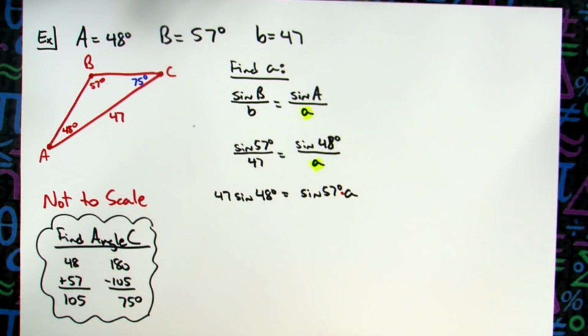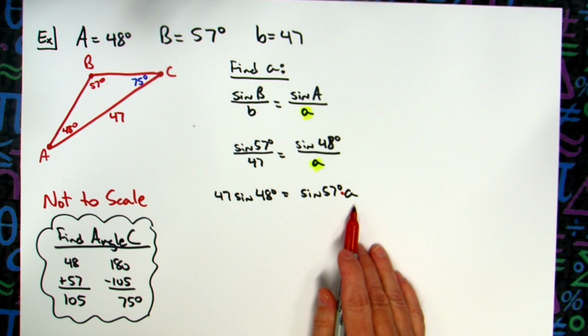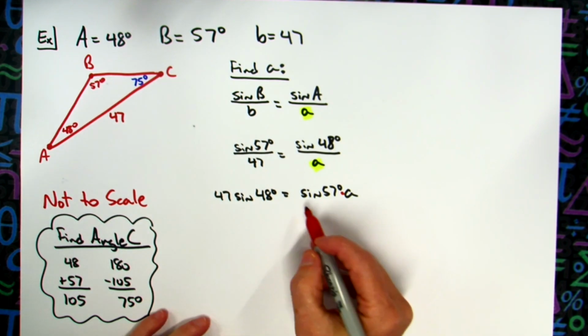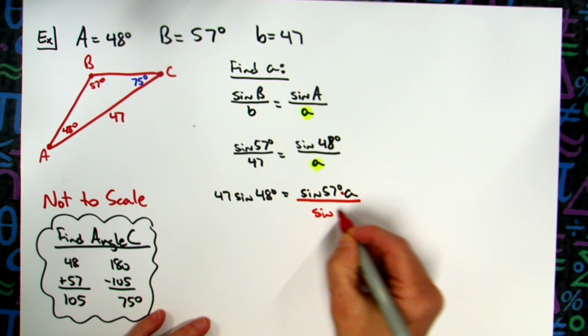And then you know how to solve for a, right? If it's sine of 57 degrees times a, you would divide both sides by sine of 57. I don't know why I said A.